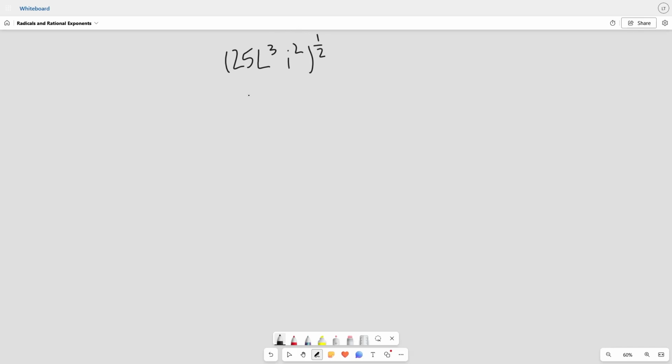So what we can do here is 25 becomes a 5. And now, using the power rule of exponents, we can multiply the 1/2 by the 3 and the 1/2 by the 2. So this gives us L to the 3/2 I just by itself. And that is already simplified.